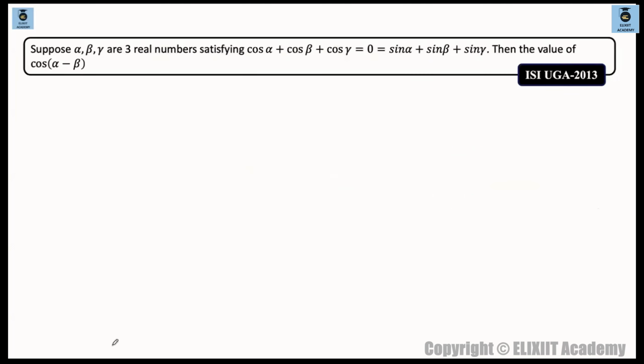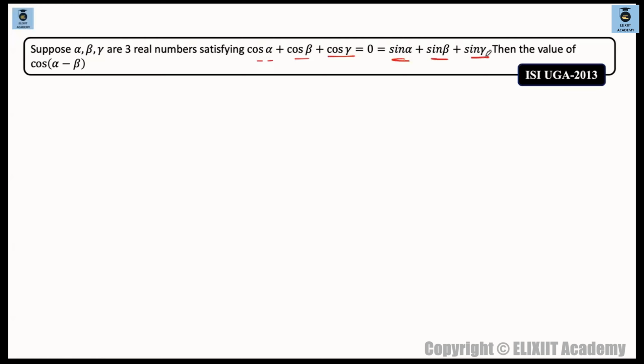Next question. Suppose alpha, beta, gamma are three real numbers satisfying cos alpha plus cos beta plus cos gamma is equal to 0, and this is also equal to sin alpha plus sin beta plus sin gamma. We have to find the value of cos of alpha minus beta. This is also a very easy question, we have solved it quite a few times.